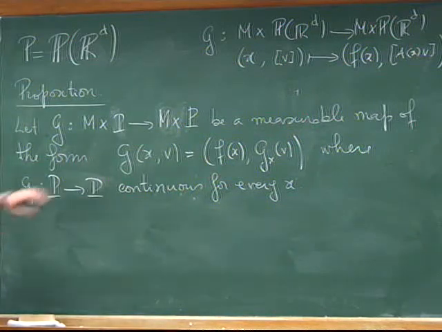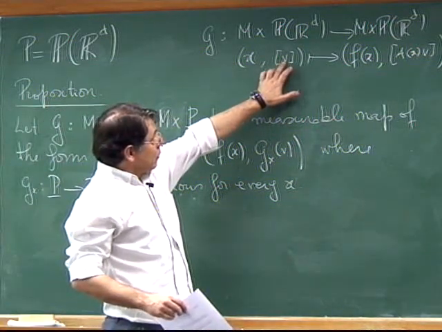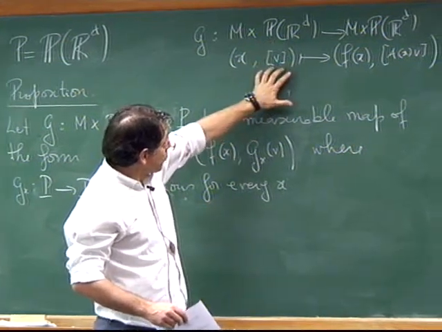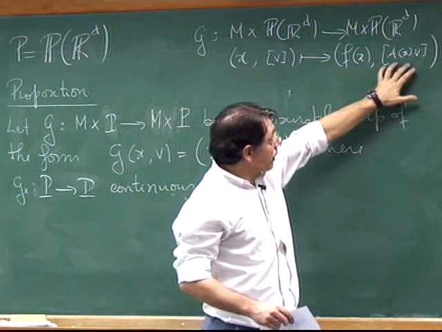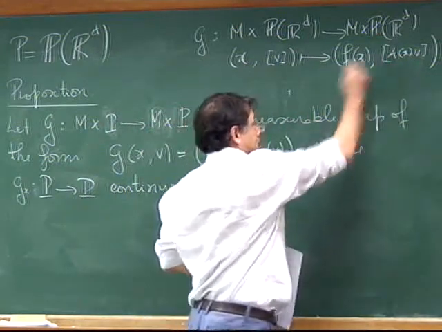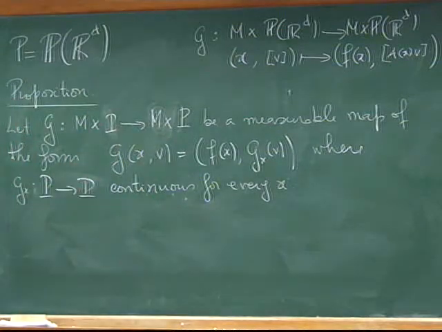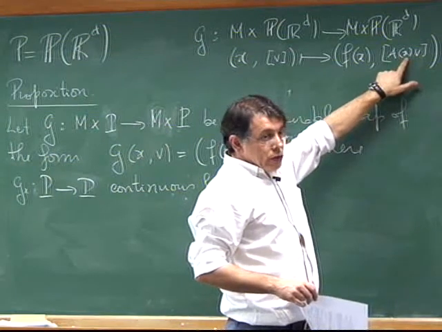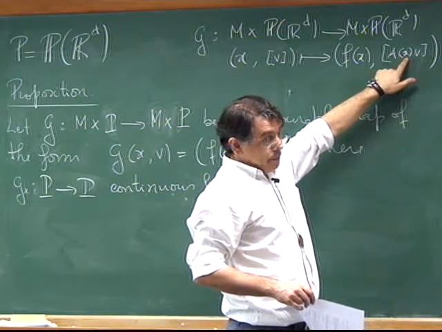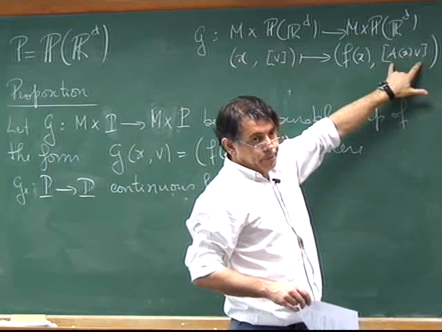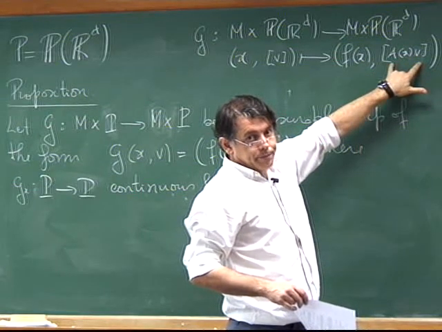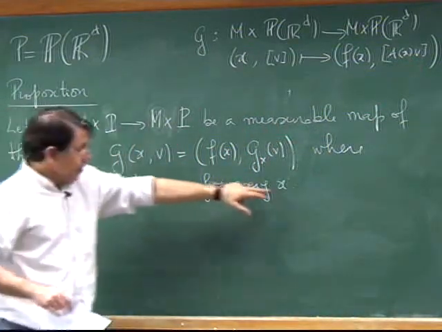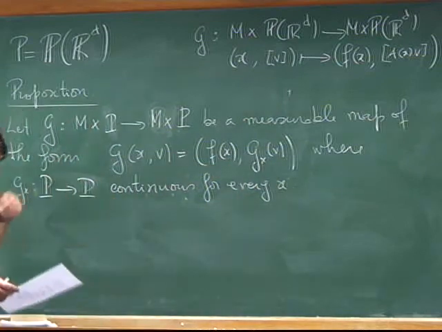This represents the line through a given vector v, an element of projective space, and this is the image line under the matrix A(x). This is the G we are interested in, and it's clear that the action A may not be a continuous function of x, but it is a continuous function of v, because A is a matrix. I'm not saying that these things vary continuously with x. I'm saying that they vary continuously with v.